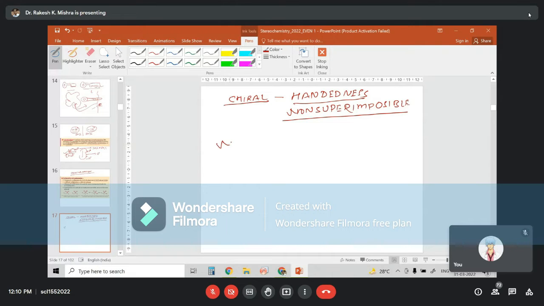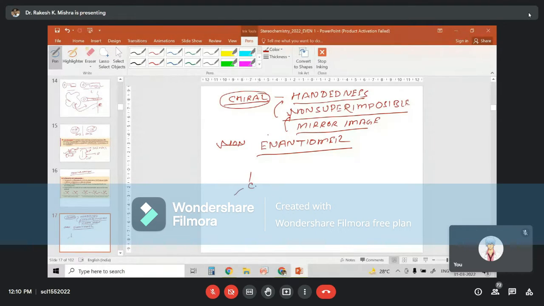So the definition of enantiomer will be the non-superimposable mirror image that I talked about yesterday, and they have the property of handedness, and such compounds are then chiral, similar to that one.